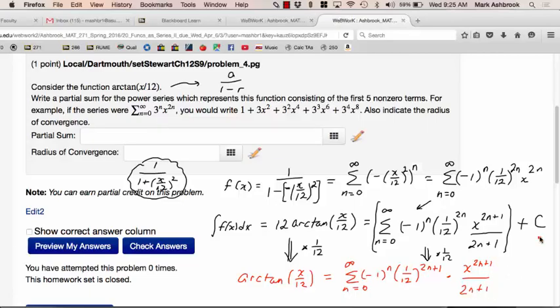All right, and what happens when we divide a constant by 12? We just get a different constant, right? You can call it C1. So it's just the old constant divided by 12.